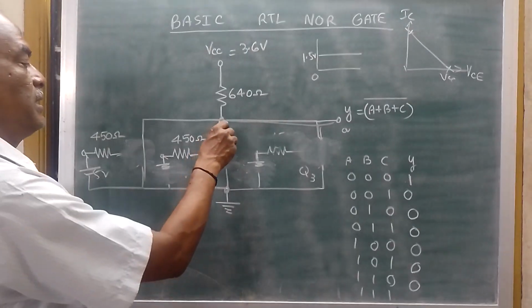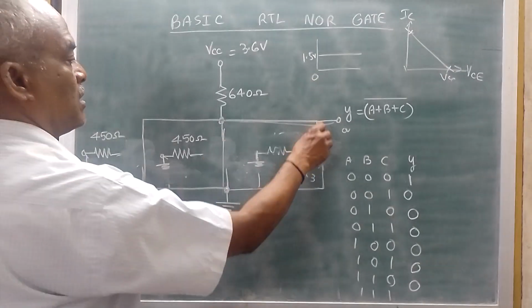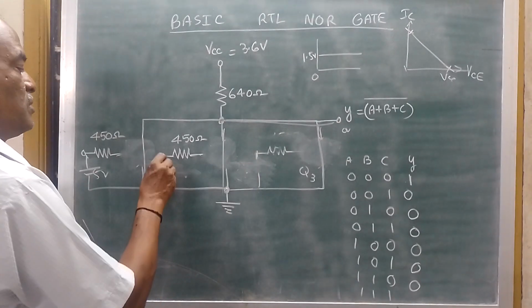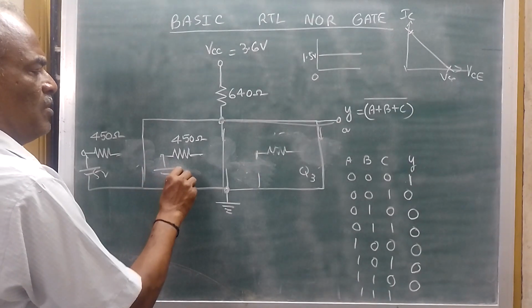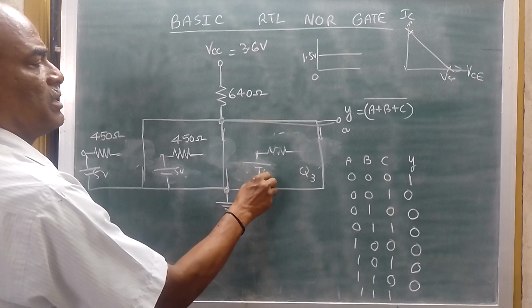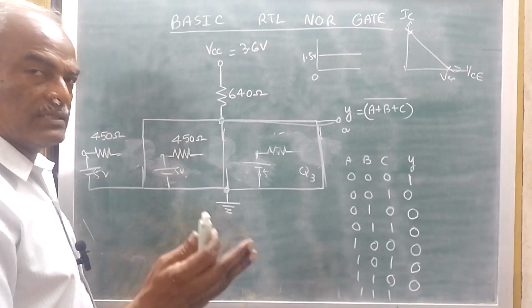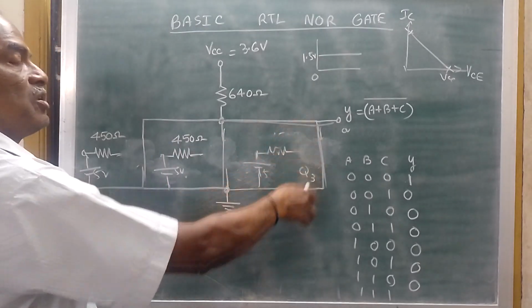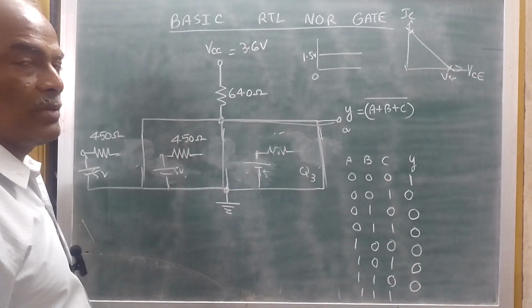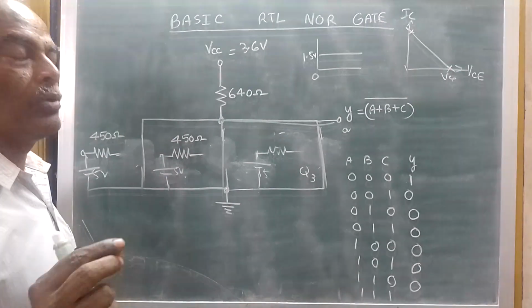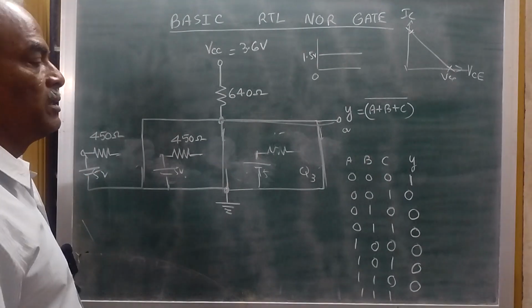That means all the three transistors behave as a short circuit, because here you are giving 5 volts. 5 volts means the transistor goes into conduction. Therefore, you can view as if there is a short between collector and emitter. But practically I told you, collector to emitter voltage will be what? 0.3 volts. That you should not forget.